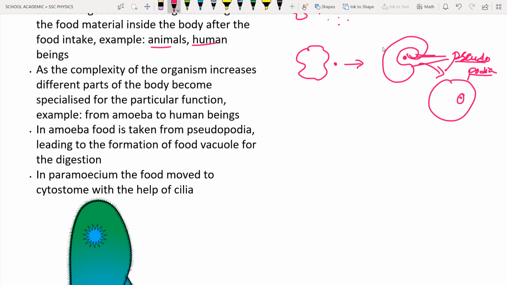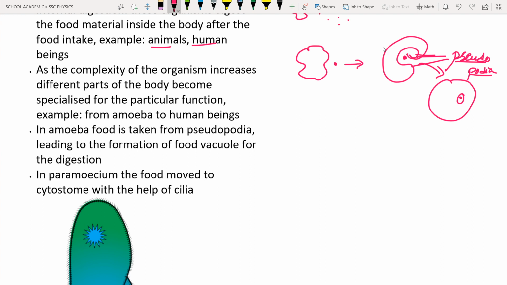If this is the simple digestion occurring in the amoeba, what about human beings? We have a separate digestive system for digestion. We have the digestive glands, digestive enzymes, the esophagus, next the stomach and the small intestine, large intestine, rectum, anus, and so on.